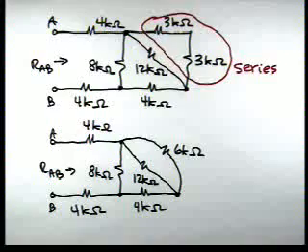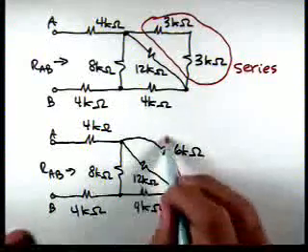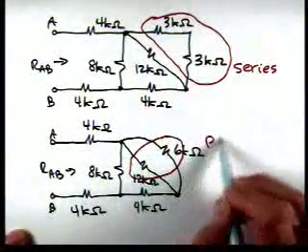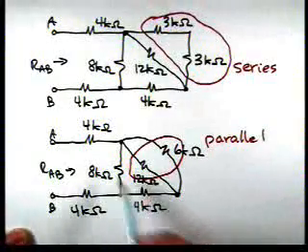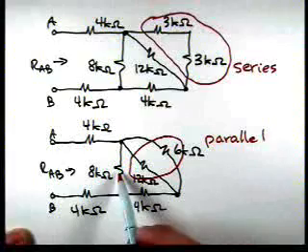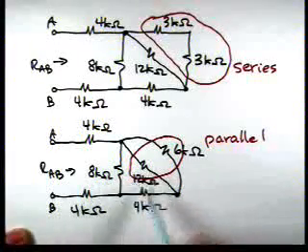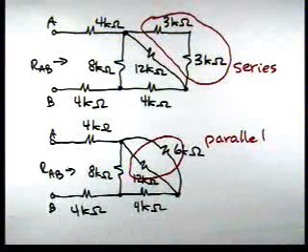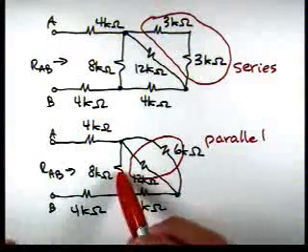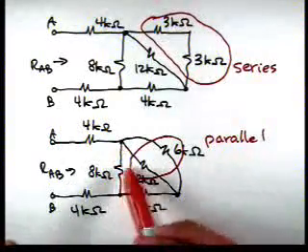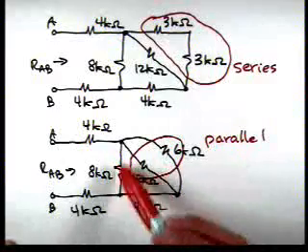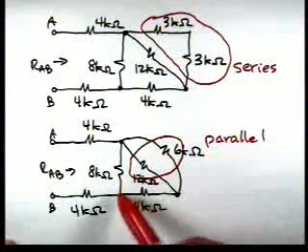Now if we notice, these two resistors are in parallel. And you might say, well, why isn't that in parallel with the 4 kiloohm? That's because the 8 kiloohm resistor is sitting here, and it prevents the 4K from being in parallel with those two. If this 8K were not in the circuit, then we would have these two still in parallel.